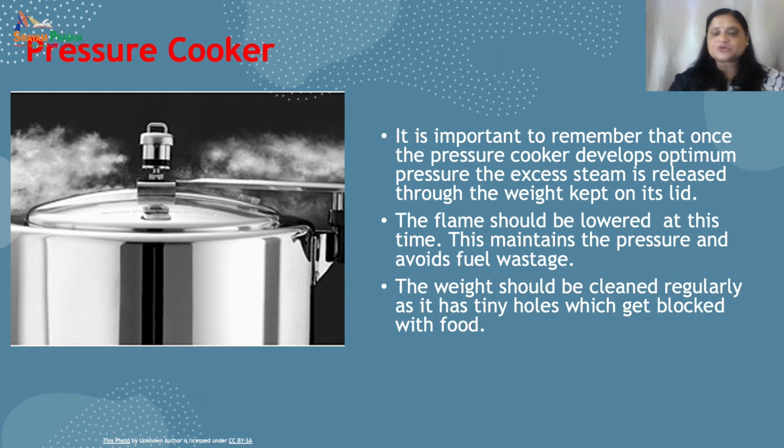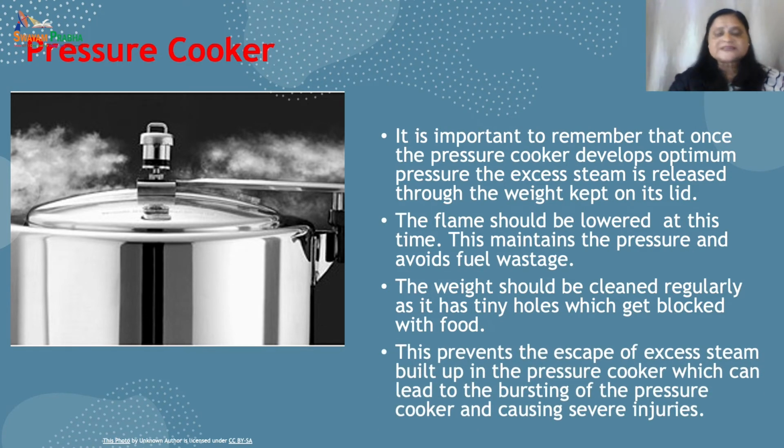The vent should be cleaned regularly as it has tiny holes which get blocked with food. This prevents the escape of excess steam built in the pressure cooker, which can lead to bursting of the pressure cooker and causing severe injuries.